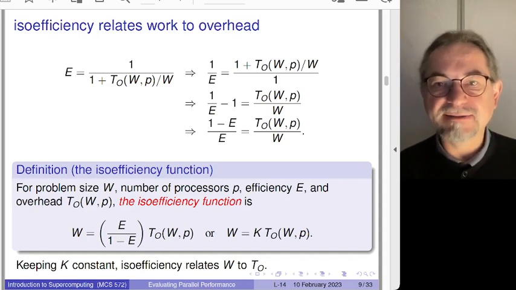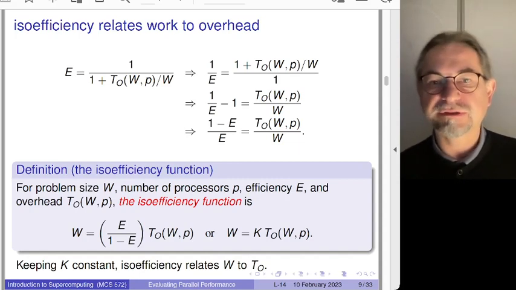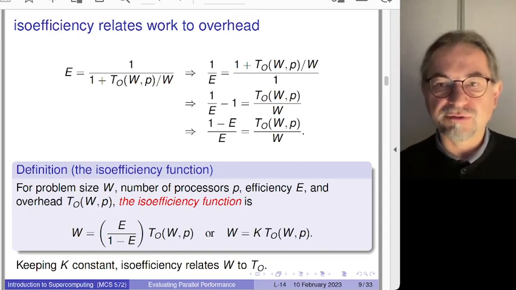So the overhead is expected to increase as the number of processors grow, but we look at the ratio of the overhead over the problem size. And it turns out that this is equivalent to the efficiency ratio.